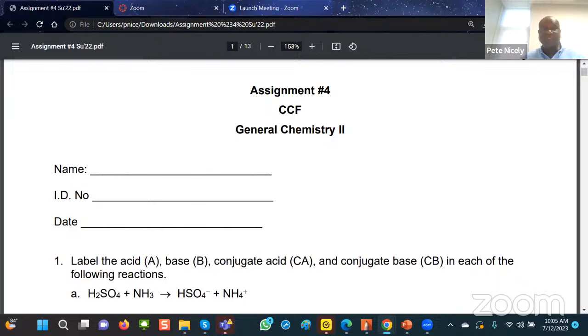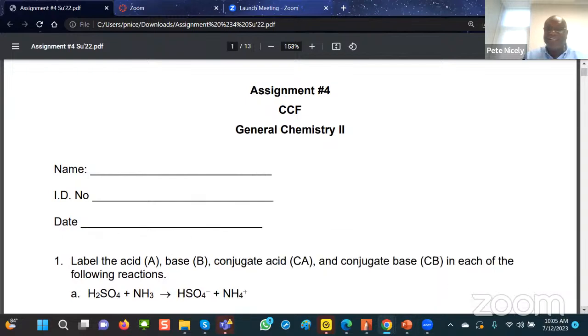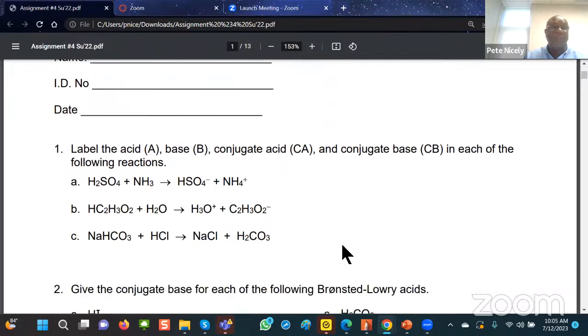Okay, so I think last time I started talking about acids and bases, and I started talking about the relationship between conjugate acids and conjugate bases. So let me just remind you what we mean by those terms. So an acid, if you remember, is a substance, and there are several definitions.